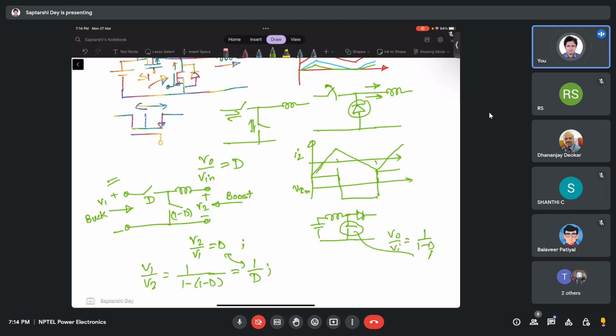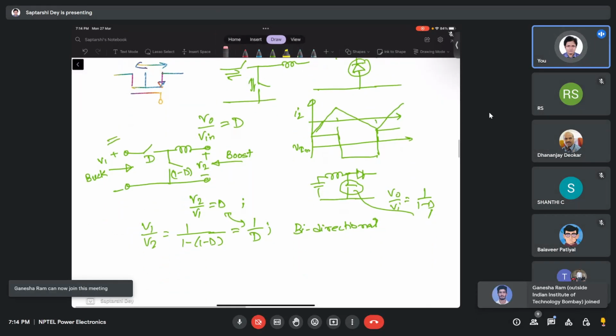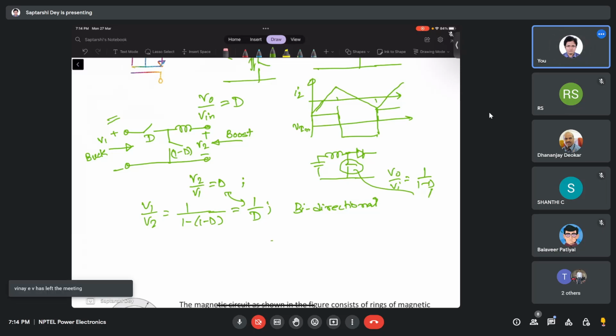So basically a synchronous buck converter can work as a bidirectional converter, so it can allow flow of power in both directions. It is very much used in two quadrant operation of DC motors, where you can connect the DC motor in this way.